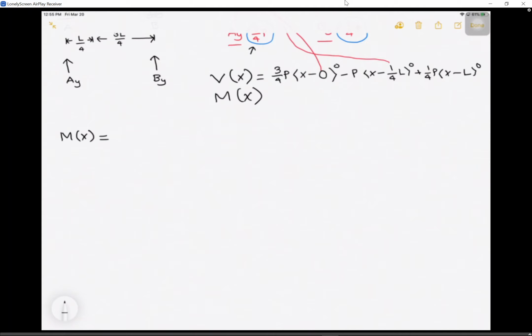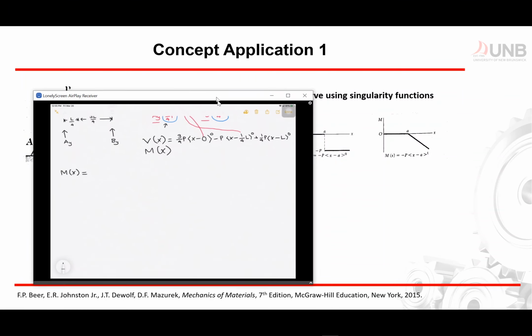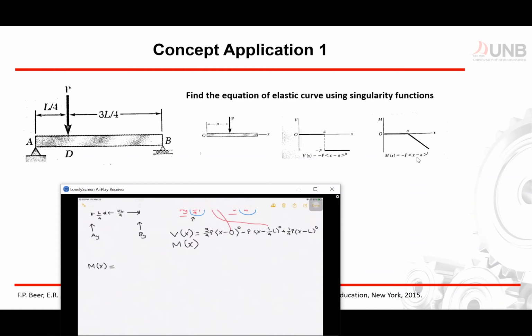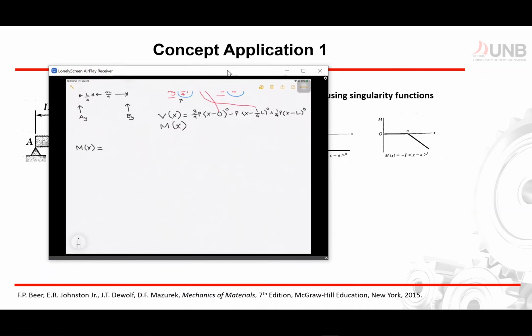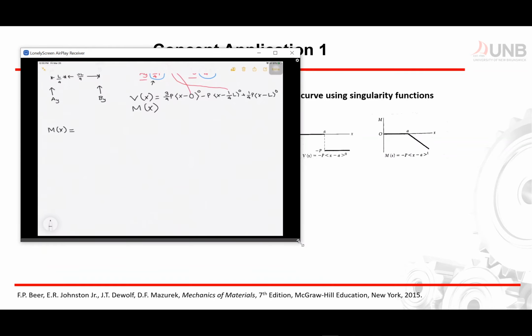So in this case, let's look at moment. For your moment singularity function, it's defined by this equation right here: negative p x minus a raised to 1, and it's negative if it's going down. So let's do it here.